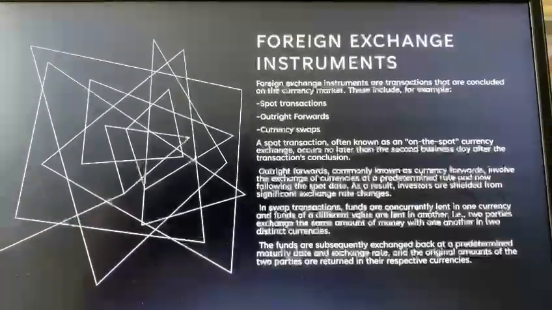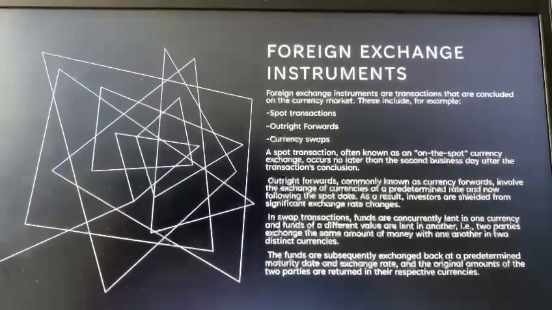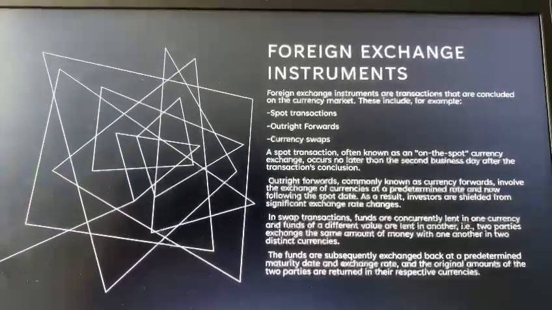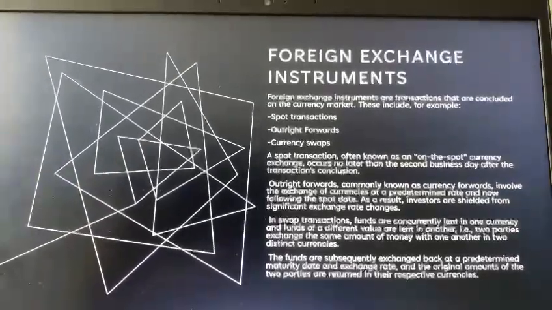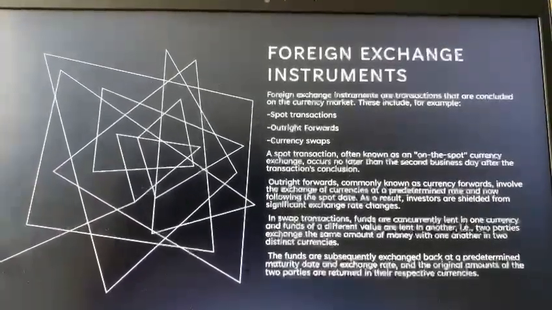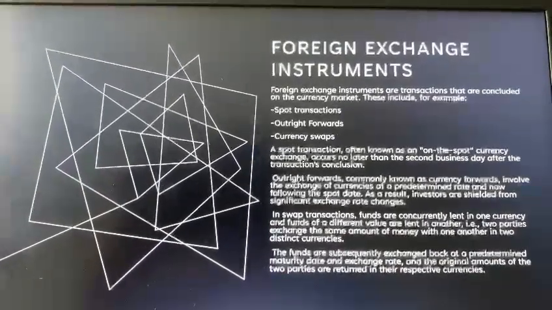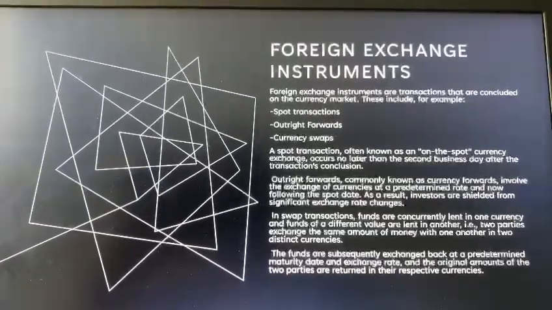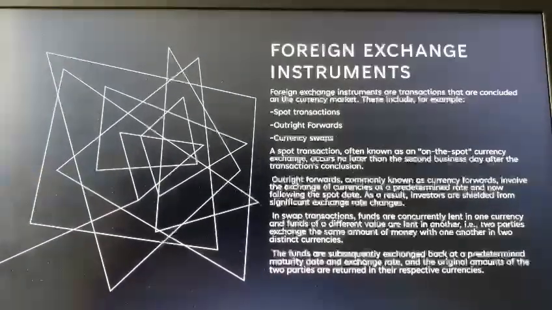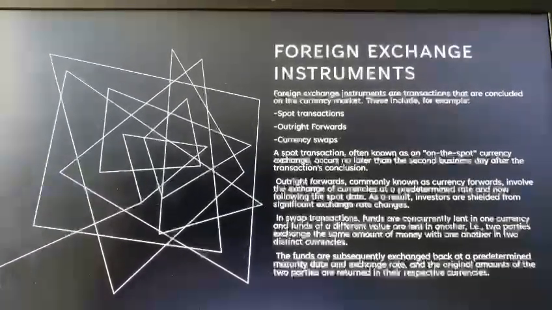Foreign exchange instruments. Foreign exchange instruments are transactions that are concluded on the currency market. These include, for example, spot transactions, outright forwards, and currency swaps. A spot transaction, often known as an on-the-spot currency exchange, occurs no later than the second business day after the transaction's conclusion.